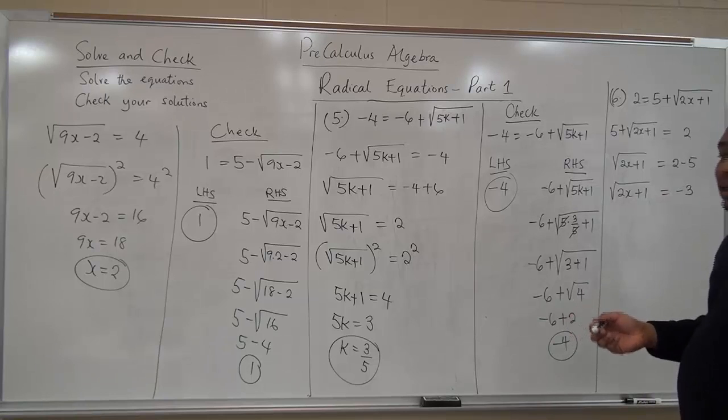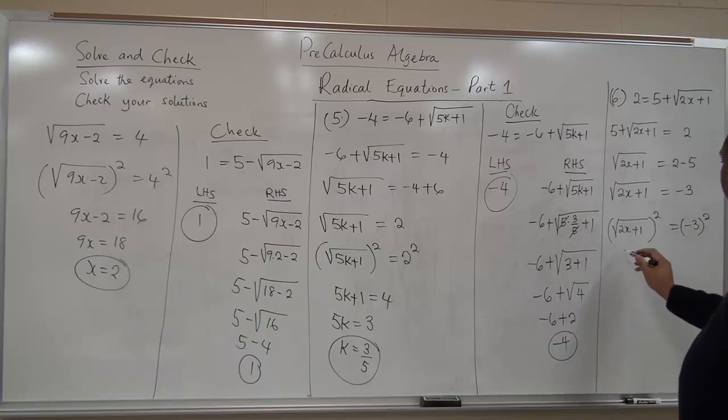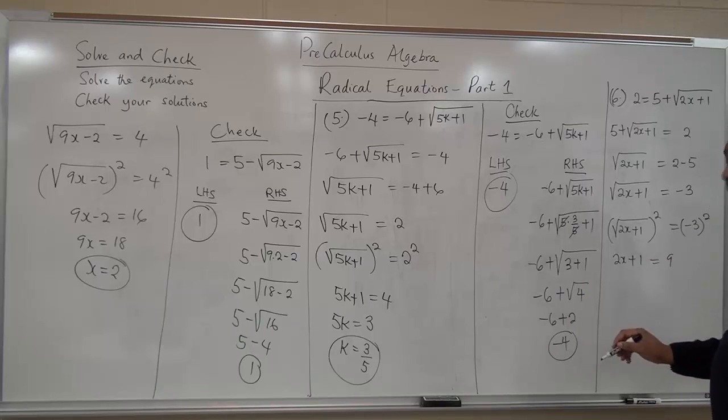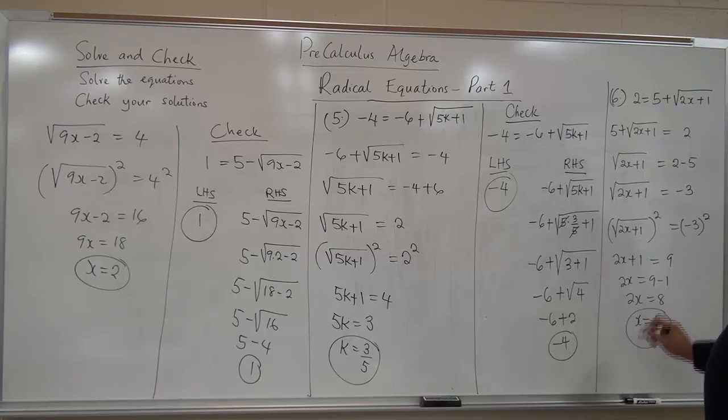You square both sides. Square root of 2x plus 1 all squared is equal to negative 3 all squared. So 2x plus 1 is equal to 9. 2x will be equal to 9 minus 1, which is 8. 2x is 8, and x is 4. You divide both sides by 2. It gives you 4.